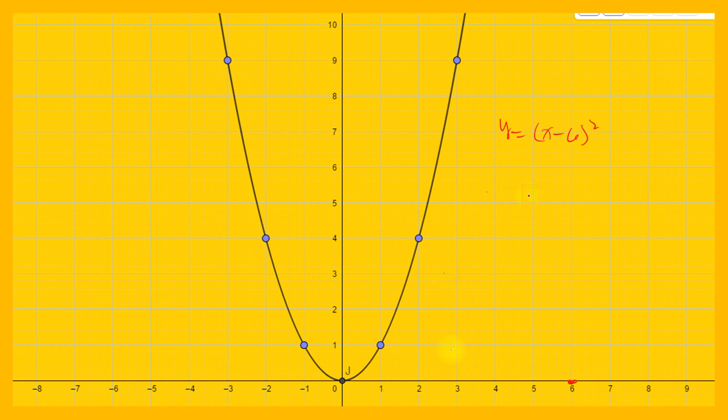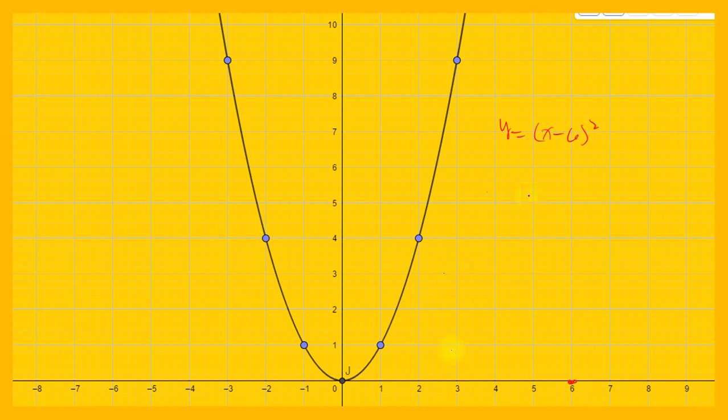Each point moves 3 units. Then let's just connect these points, and we're done with the graph. So that is horizontal shift.